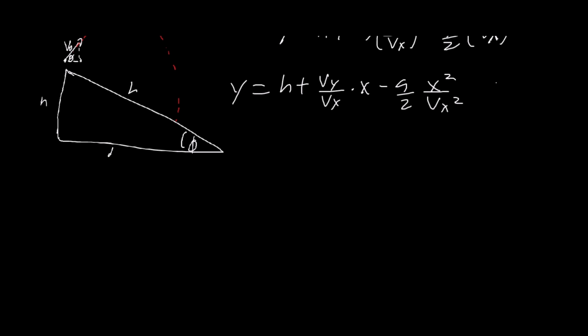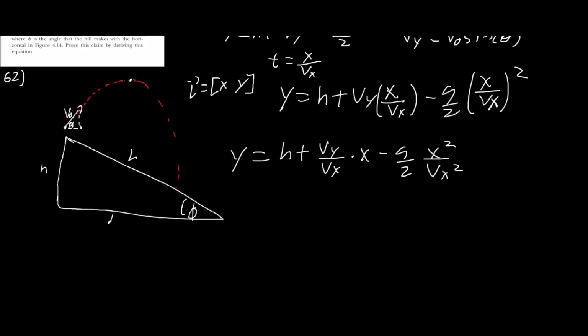I'm going to call this the length L, so I can define it. With sine of theta, h cosecant of theta, and L is going to be d secant of theta.